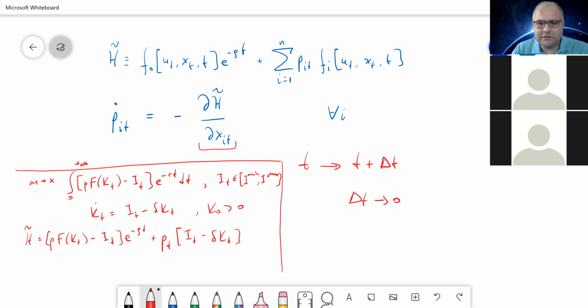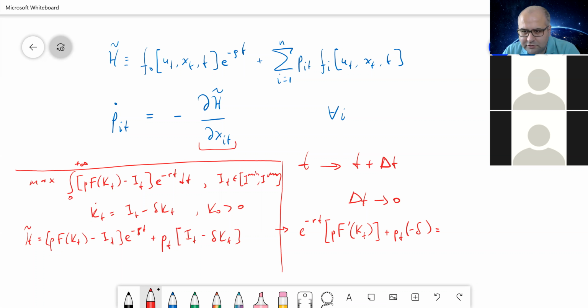So how do I write this constraint here? Well, the derivative of the Hamiltonian with respect to k. So I have e to the minus rt, this is rt, by the way, not rho t, p f prime of k(t), then plus p(t) times minus delta.